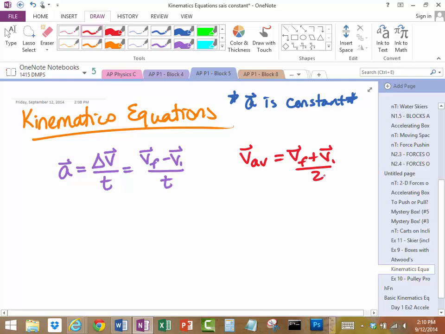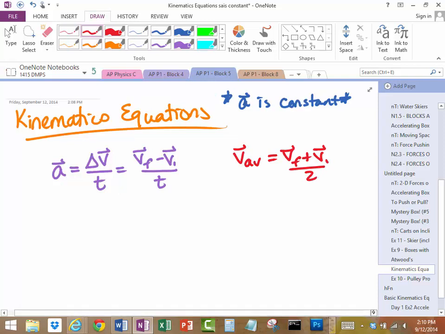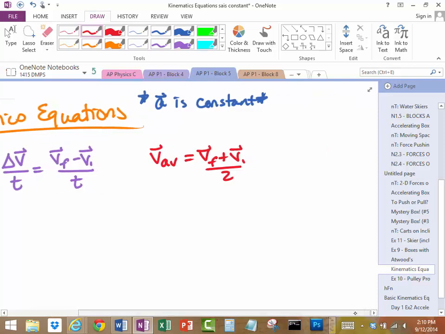Is that okay? And if we take that average velocity, we can also describe the displacement of an object over time. Are these two statements okay with people? Yeah. Okay, we're going to put those together right now.